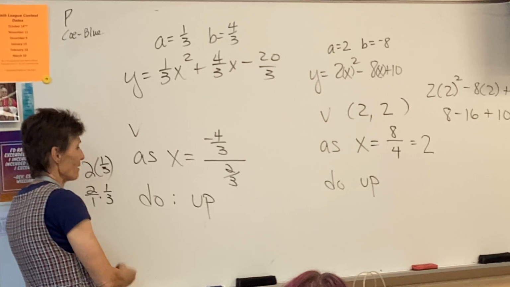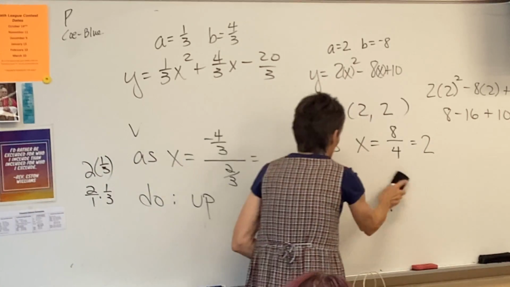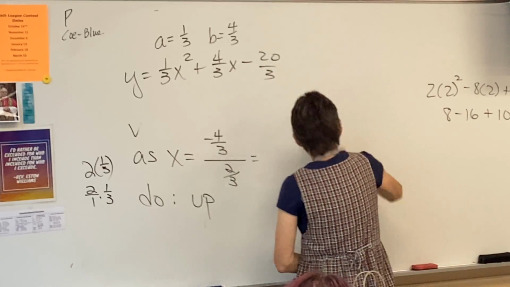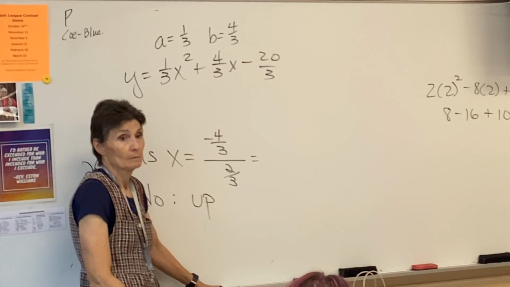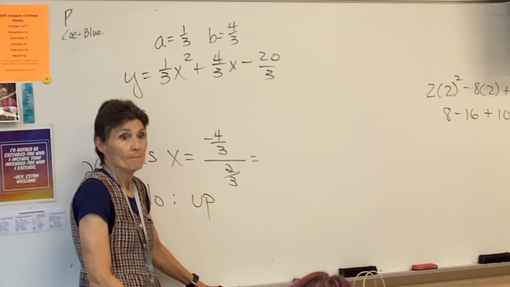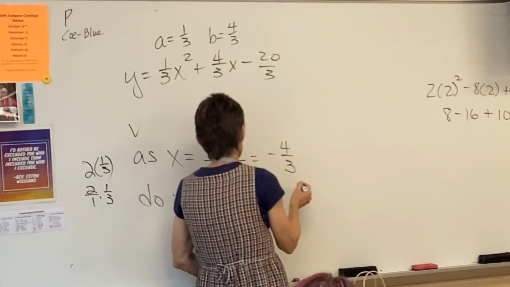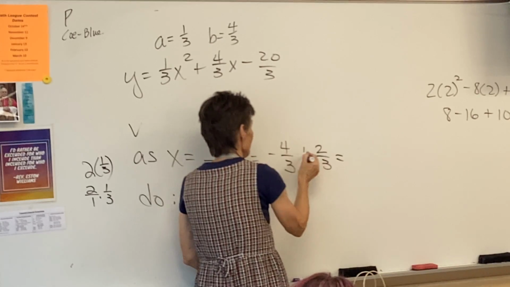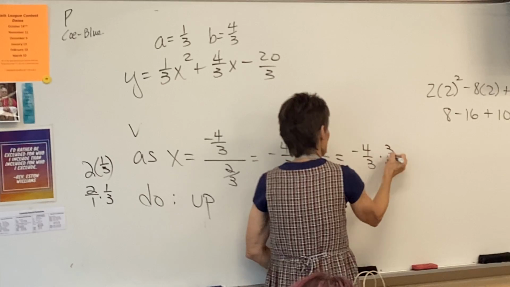What do I do when I have a fraction divided by a fraction? You multiply by its inverse. Keep, change, flip. So negative 4/3 divided by 2/3, that's the problem, is gonna be negative 4/3 times 3/2.